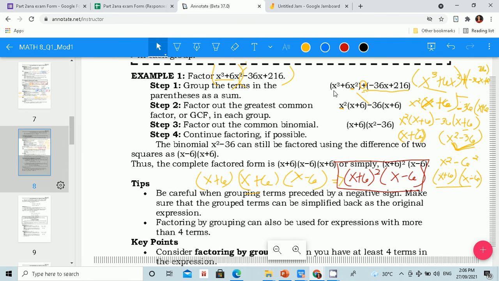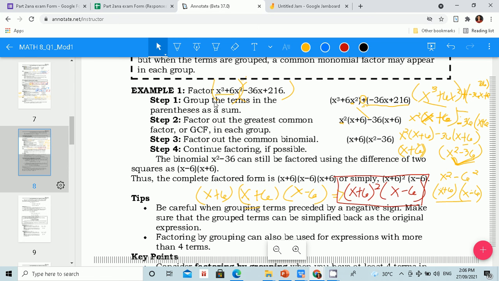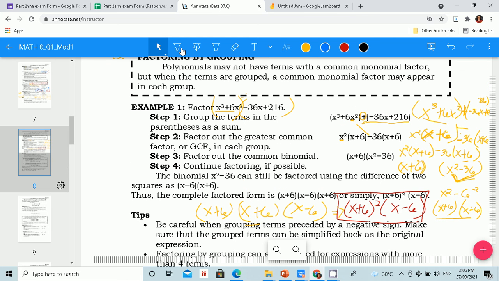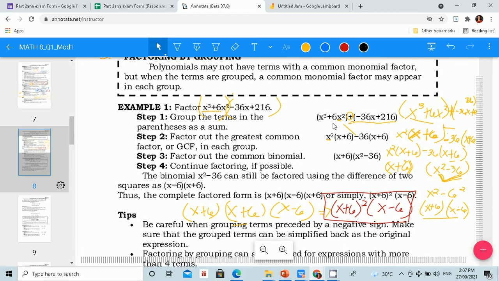We group it into two: 1, 2, and then we put a plus, we sum them. Minus 36x plus 216. So it is divided and grouped, then we factor it.